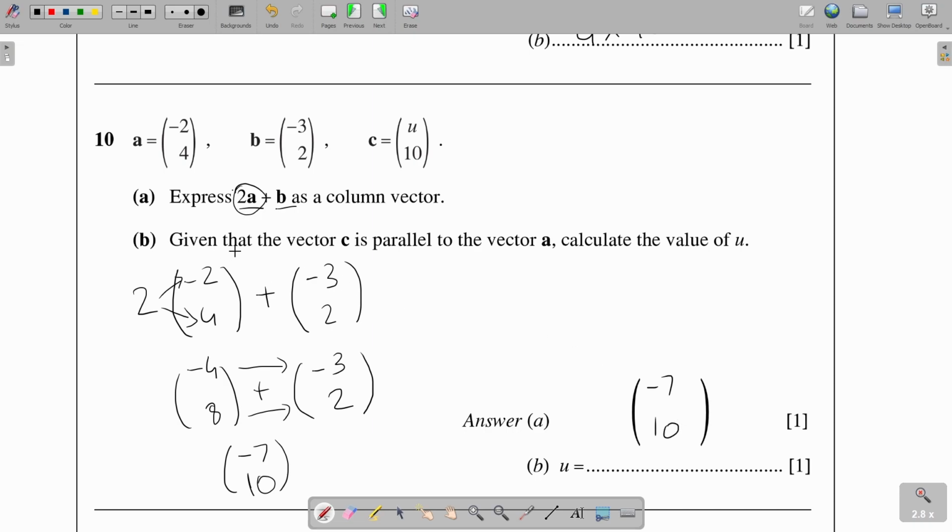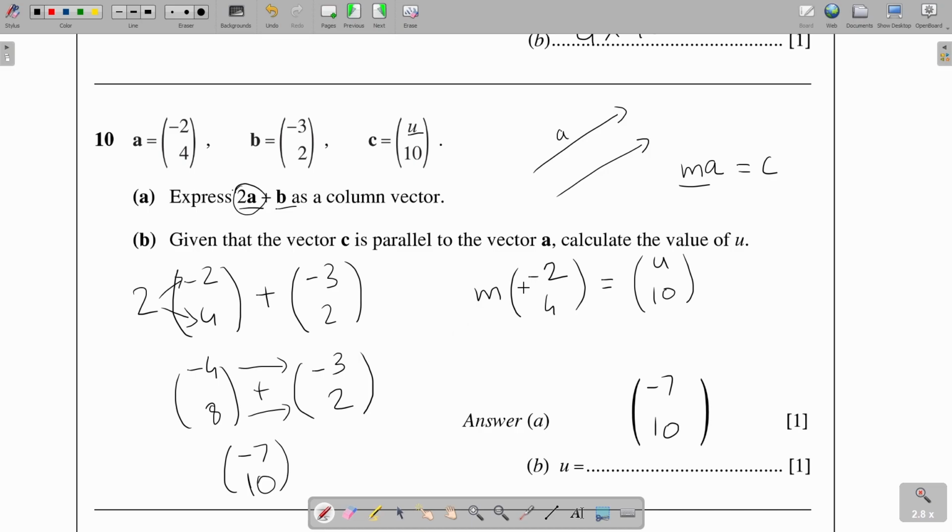Then our second answer, given that the vector C is parallel to vector A, so A and C are parallel, which means they go in the same direction. Calculate the value of U. This means that A, when we multiply A by something, let's call it an M, that gives us C. So now we just need to figure out M, right? So M times minus 2 over 4 is equal to U and 10.